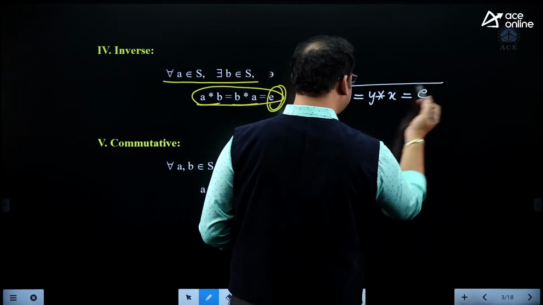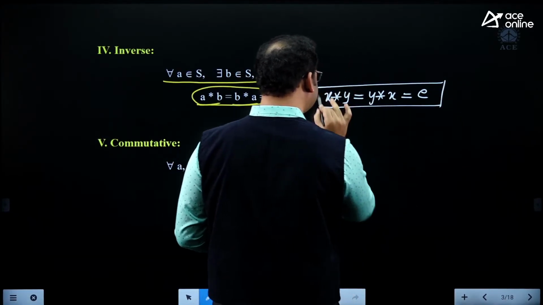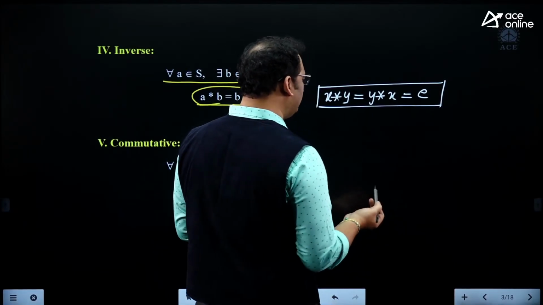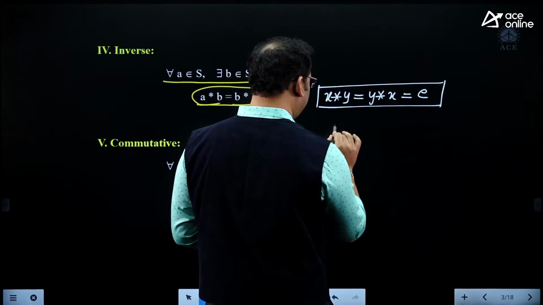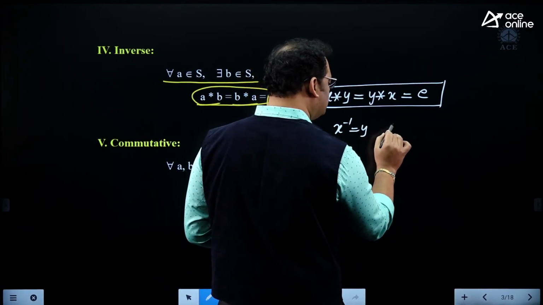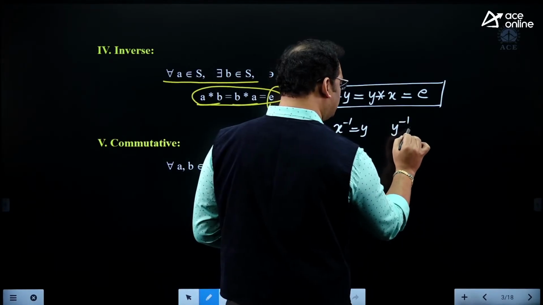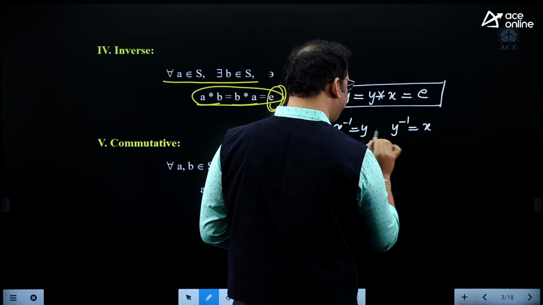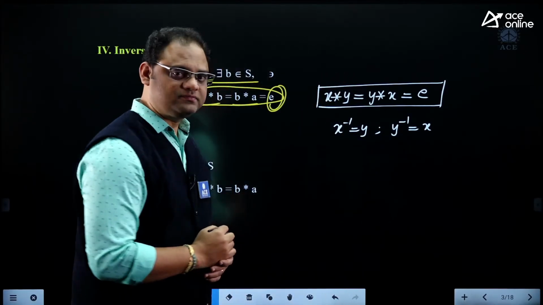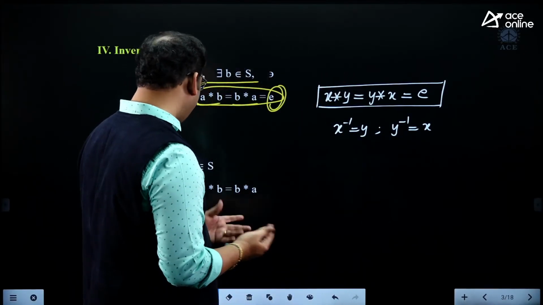If it happens that X star Y, Y star X equals identity, then I can say that X and Y are inverses of each other. X inverse is Y and also Y inverse is X. Right? Inverse property.